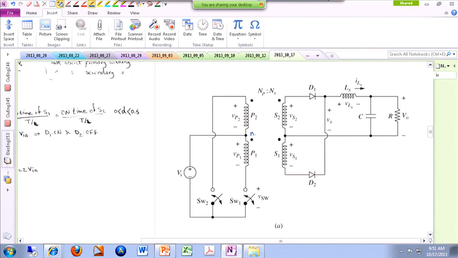Number of turns for primary number 1 and number of turns for primary number 2 are the same. So we have access to the center of the primary side of the transformer. Same story here: number of turns for secondary number 2 and number of turns for secondary number 1 are the same.